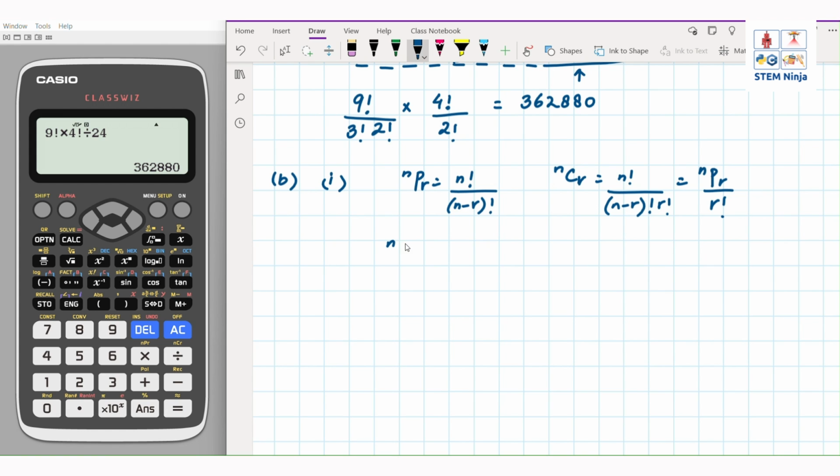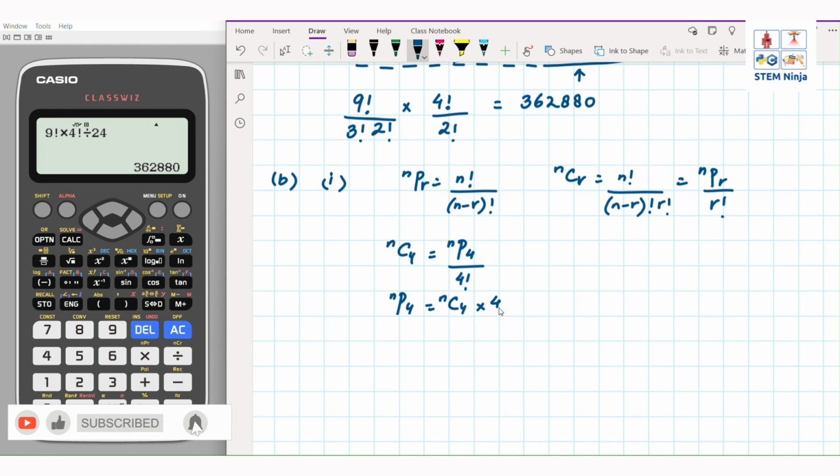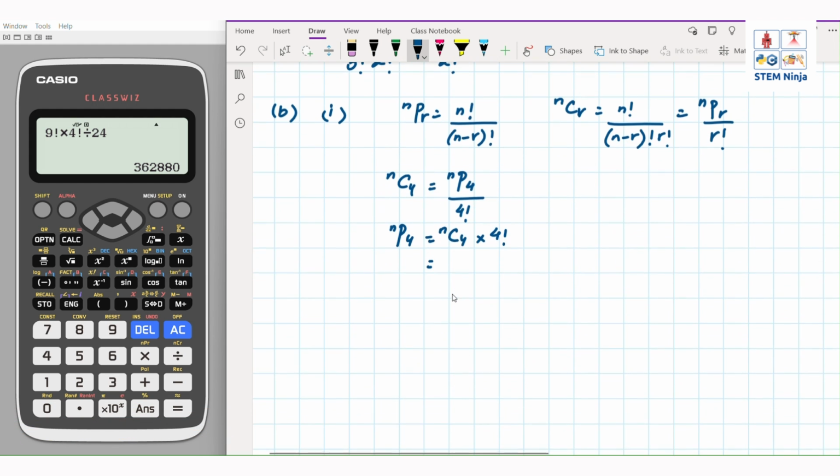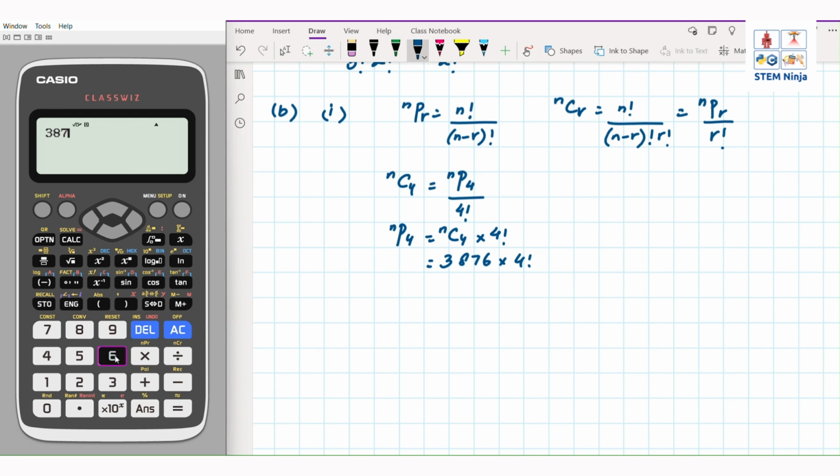So that means NC4 is equal to NP4 divided by 4 factorial. And NP4 is what we need to find out. So NP4 is equal to NC4 times 4 factorial, which is just 3876 times 4 factorial, which is 93024.